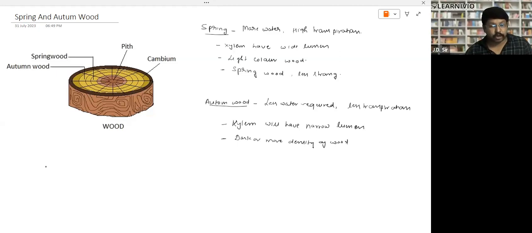It will be a bit stronger. This is called autumn wood. Got it or not? Very logical. Clear? So please note it down: spring wood and autumn wood. Copy from here.